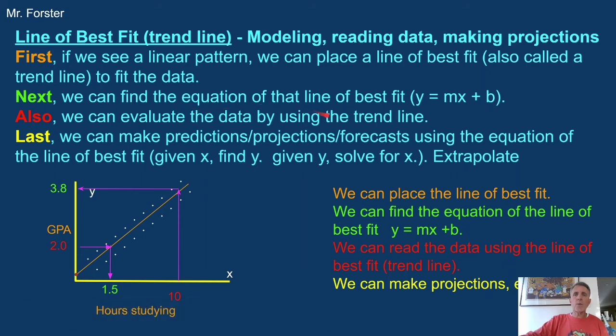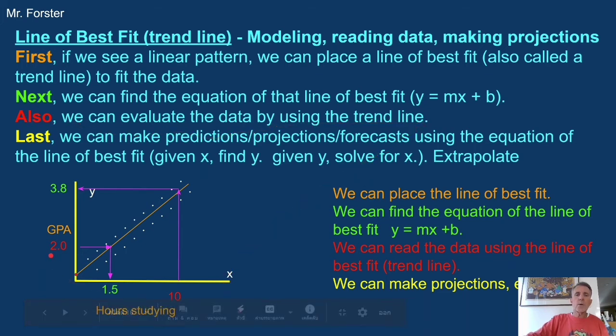Next, we can find the equation of this trend line in slope-intercept form. And here we know it's positive slope, and it has not a zero y-intercept, but a low y-intercept. We don't have numbers here that will give us a real idea of what it is, but we could figure it out, and that's beyond what I'm talking about now. So we can evaluate the data by using the trend line.